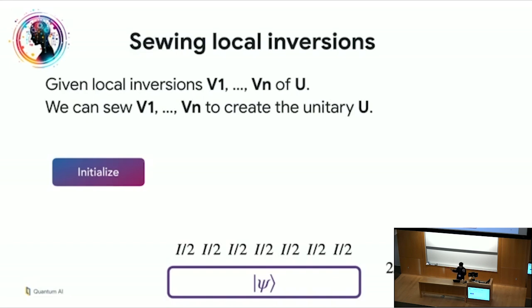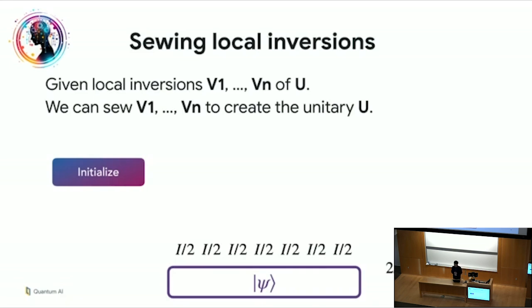Initially, each of them would be a small unitary acting on a few qubits. But note that the procedure I'm going to present holds in general. It doesn't have to be a shallow quantum circuit U. It can be any unitary U and any local inversions V1 through Vn. Note that they're not unique, but no matter what they are, we can always sew them together to create the unitary.